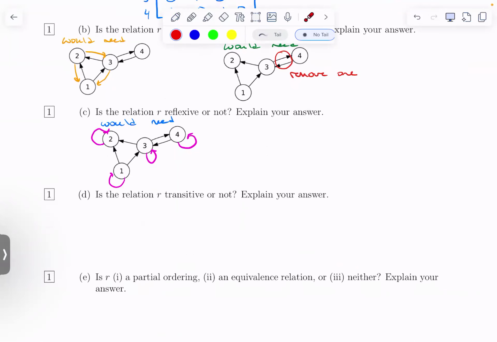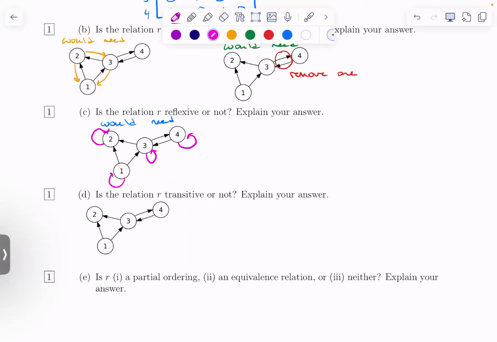Is it transitive? When it's asking if it's transitive, you can look at it and see if there's anything missing.